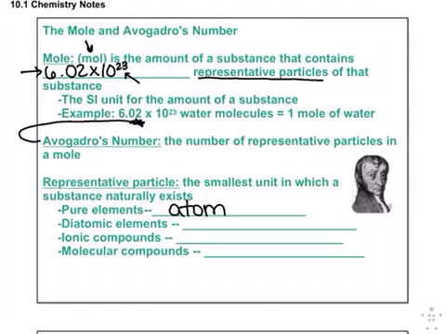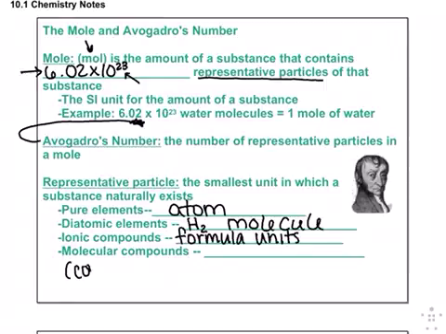A diatomic element, like H2, their representative unit is a molecule. Ionic compounds' representative units are formula units. Molecular compounds, these are the ones with the covalent bonds, are molecules.